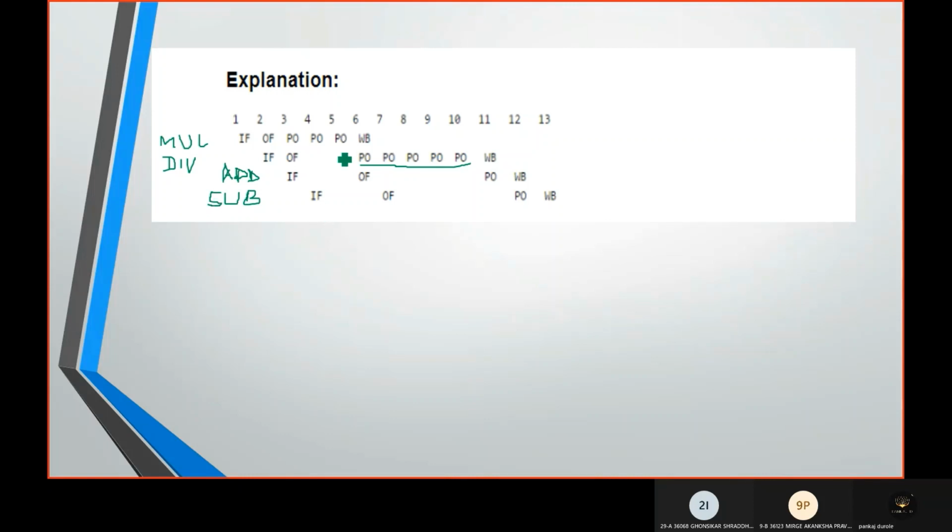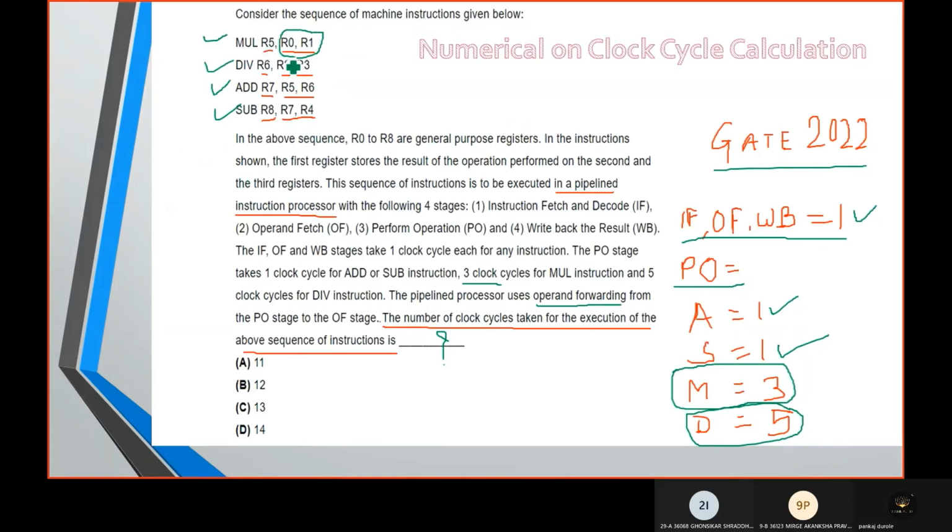I fetch the instruction in the next clock cycle, then operand fetch, and then I check whether the perform operation stage is going on. Yes, it is going on here, and here also. So I take the next clock cycle for perform operation, and then write back. Now all these instructions are finished.